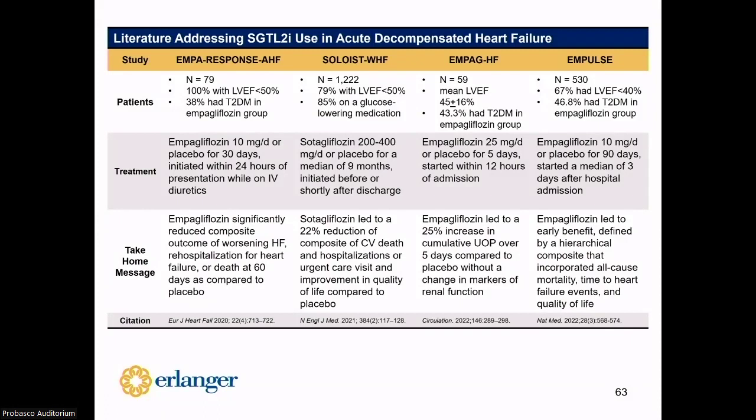They randomized patients to receive empagliflozin at 10 milligrams a day or placebo for 90 days, started a median of 3 days after hospital admission, however, not addressing the patient's full length of stay. They found that empagliflozin led to an early clinical benefit defined by their composite that had all-cause mortality, time to heart failure events, and improved quality of life.